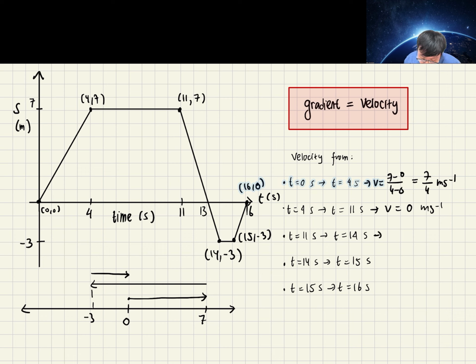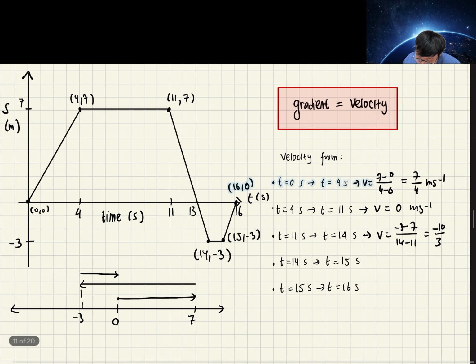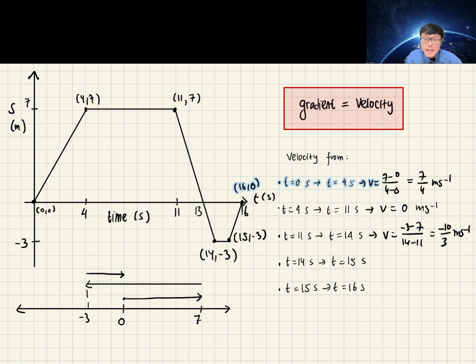And from 11 to 14, that will be -3 minus 7 over 14 minus 11, which is -10 over 3 meter per second. From 14 to 15 is not moving, horizontal line gradient 0 meter per second. And from 15 to 16, it's 0 minus -3 or plus 3 over 16 minus 15. Yeah, and that will be 3 meter per second. So that's how we find the velocity.